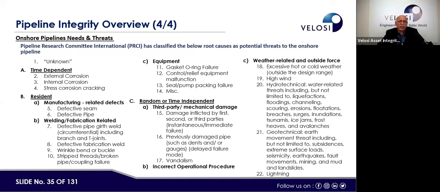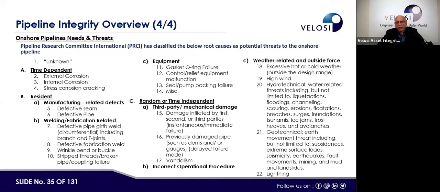Then during the new construction of the pipeline, there could be welding and fabrication related defects. If there were defects during the welding, and RT was done, those defects may or may not have been detected, and those defects could be there. There could be some base metal issues like lamination in the pipe base material or the quality of the base material. Then there are equipment associated with the pipeline like valves, flanges, pumps and compressors.